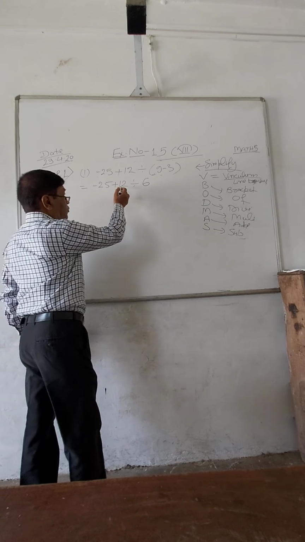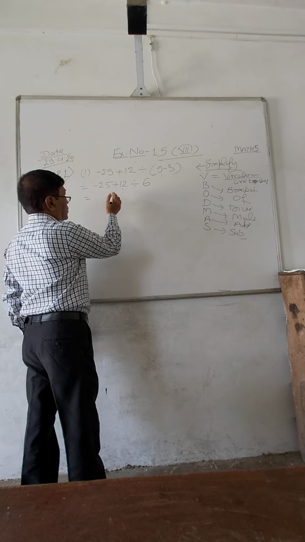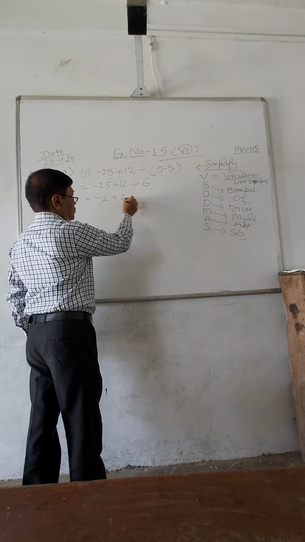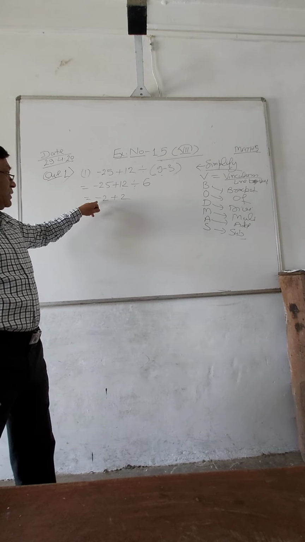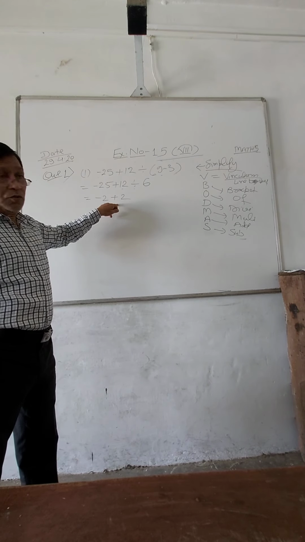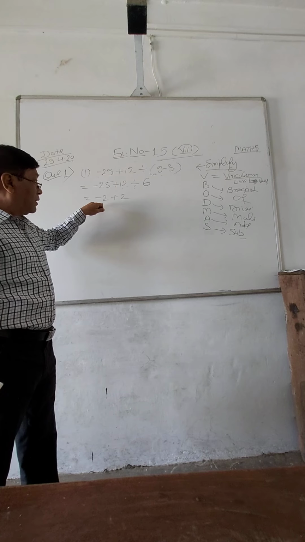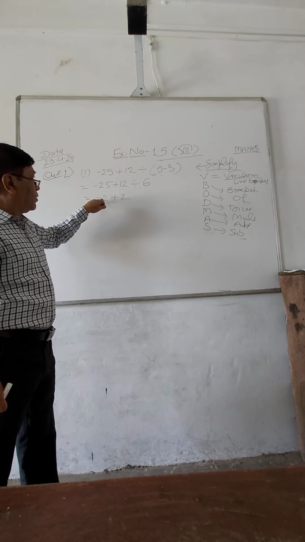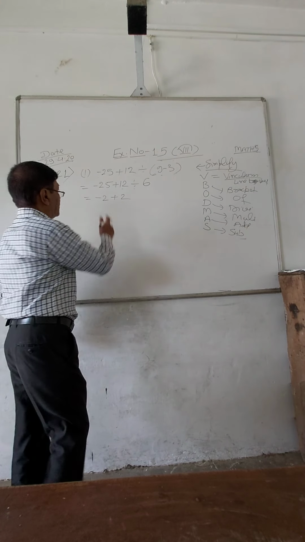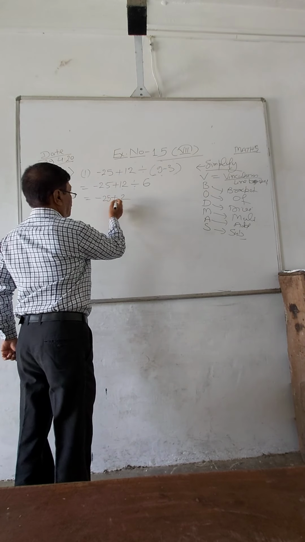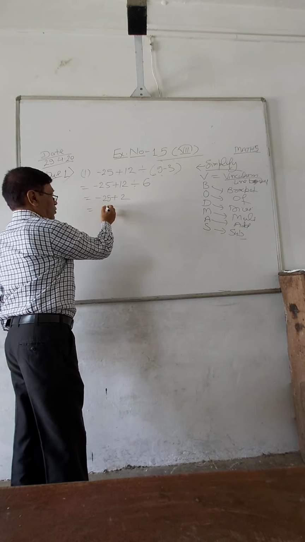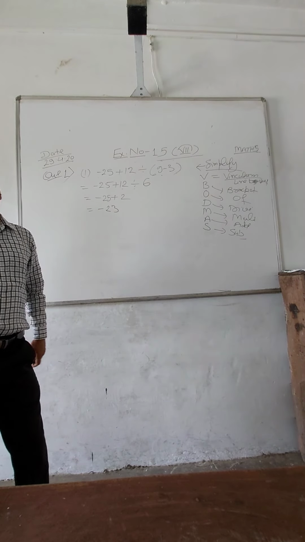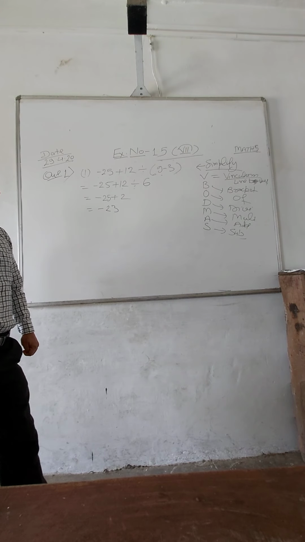So 12 divided by 6, it will come 2. Now one is negative, one is positive, so in this case subtract and keep the sign of the bigger number. Minus 25 plus 2: 25 minus 2 comes 23, and this is minus 23. So the answer will come minus 23.